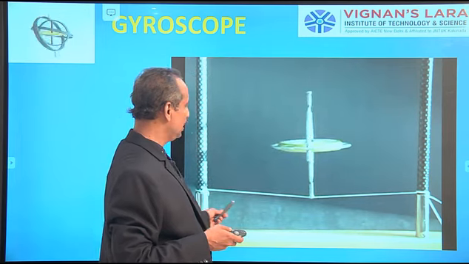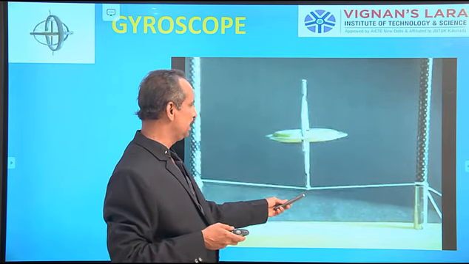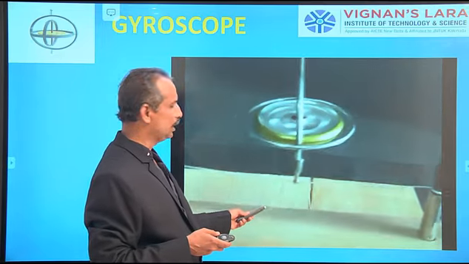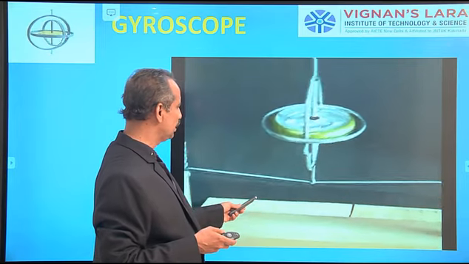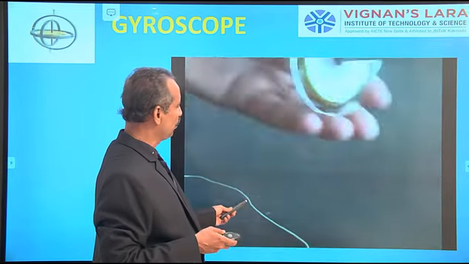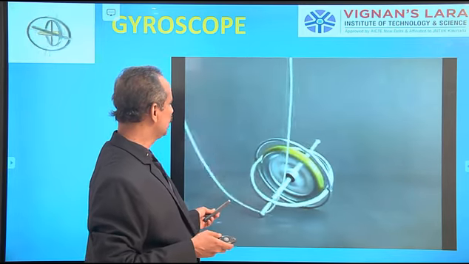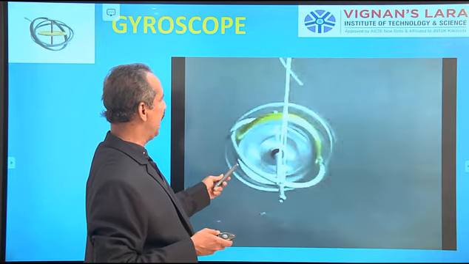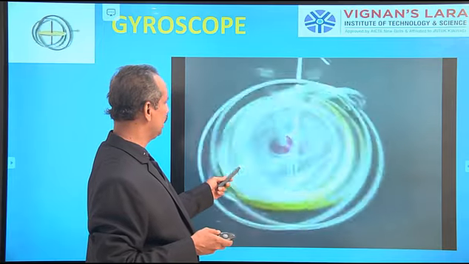Now you can see even a simple rope, if you give it a motion and stand it on this, it plays beautifully, like in a circus how gymnasts or professionals stand on a rope. You can see the other thing. This is a gyroscope which is hung with a rope, and the gyroscope is given a rotation.